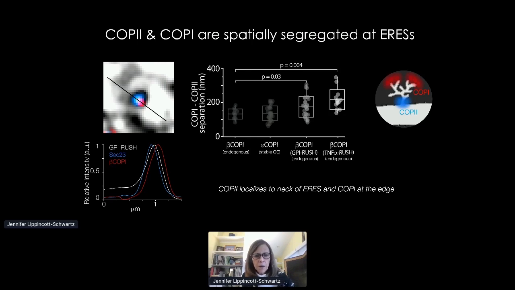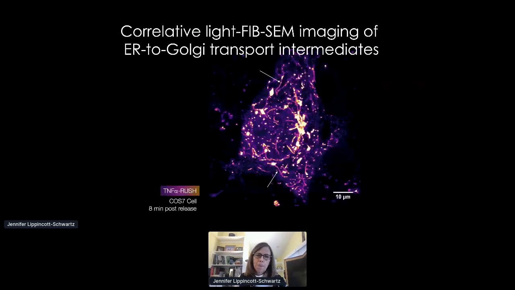Based on our area scan analysis, we think that the COP2 is more localized around the base of the ER exit site, whereas the COP1 is more at the periphery.